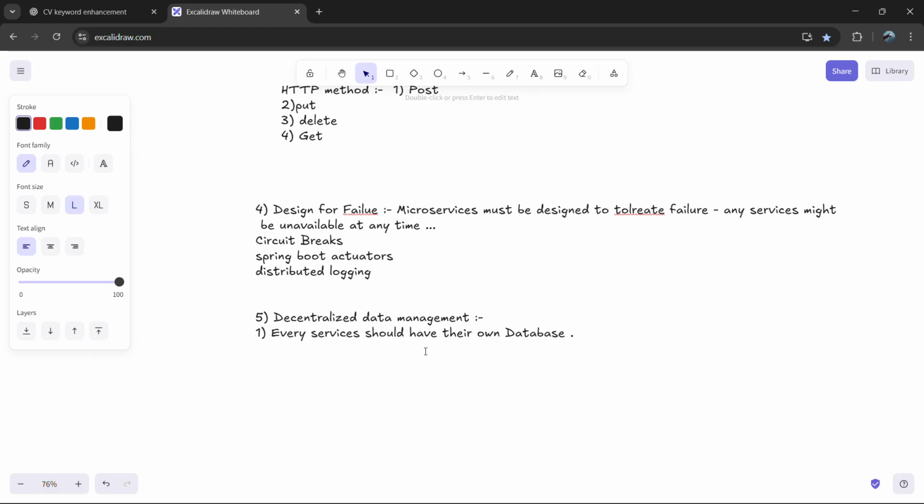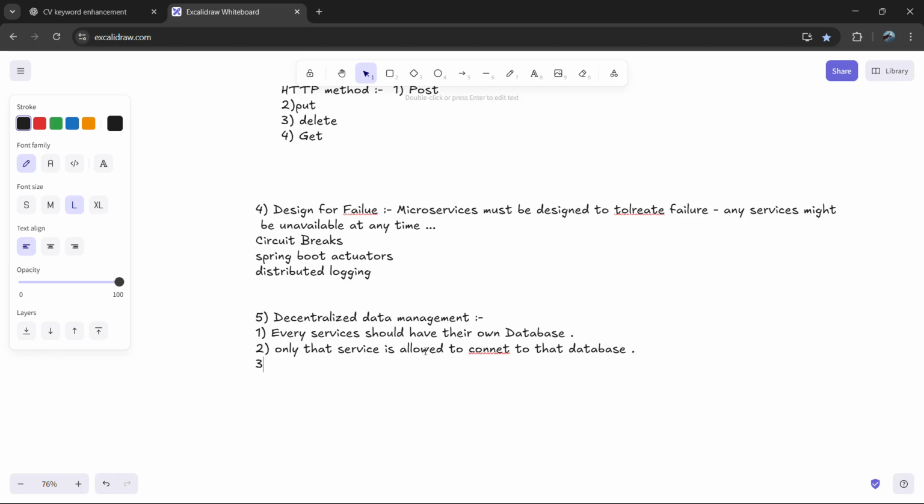And only that service is allowed to communicate or connect to that database.